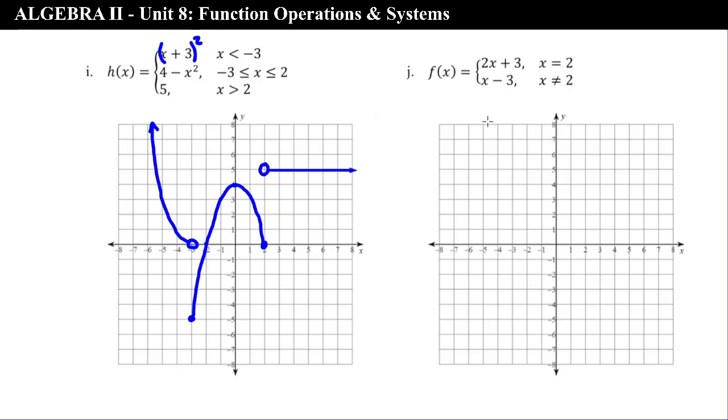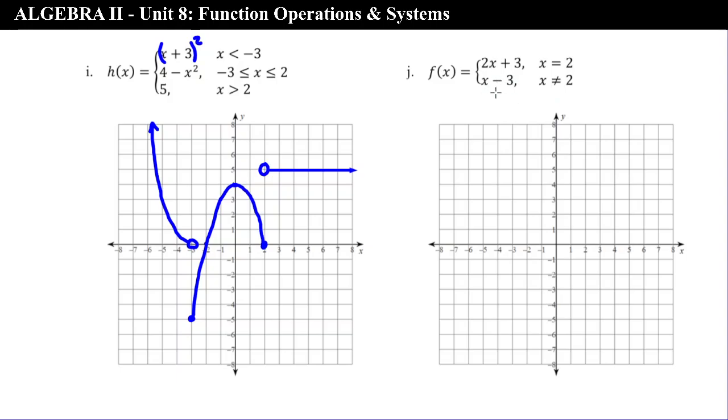For this last example, this is a little bit different than the ones we've done before. So we've got 2x plus 3 when x equals 2, and then x minus 3 when x is not 2. So what this means is it's going to be x minus 3 everywhere, but for that one point. So let's go ahead and plot that line that goes everywhere else.